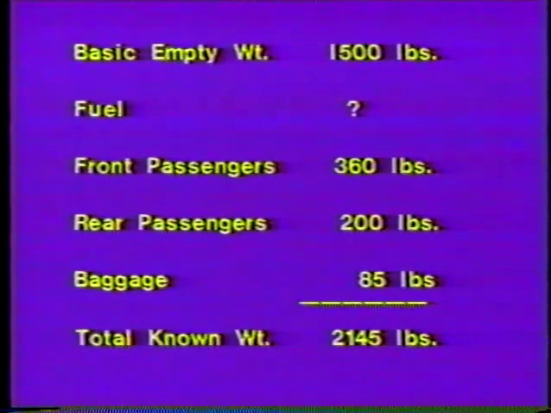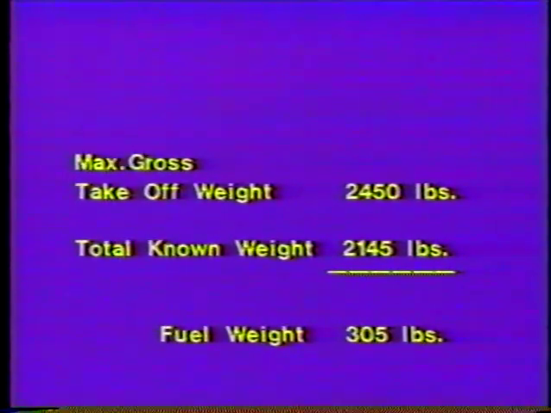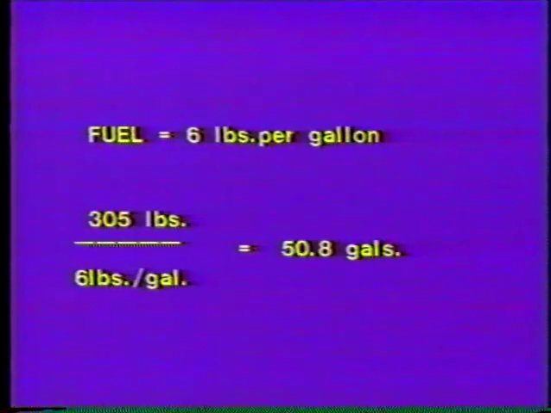Now, total these known weights. Then subtract this number from the maximum gross takeoff weight. Therefore, 305 pounds represents how much fuel you can load for this flight, given the other weight constraints. Remember that aviation fuel weighs 6 pounds per gallon.